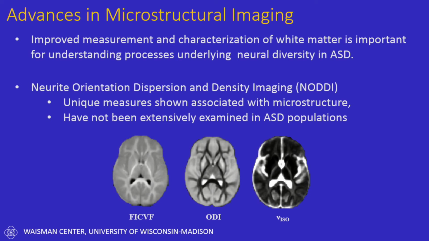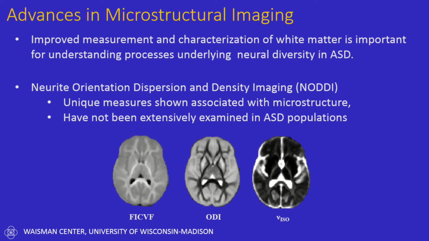And one of these techniques that we're really spearheading and excited about is called NODDI, which stands for Neurite Orientation Dispersion and Density Imaging. It's a unique imaging technique that provides measures associated with brain neurite microstructures, so kind of the axons and dendrites in the brain.